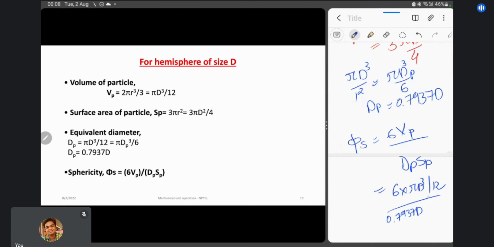Pardon my handwriting. Vp into Sp. Now Sp is 3 pi d square by 4. So at the end you will get the value of phi, which is near about 0.840. Okay, so this is a simple example.